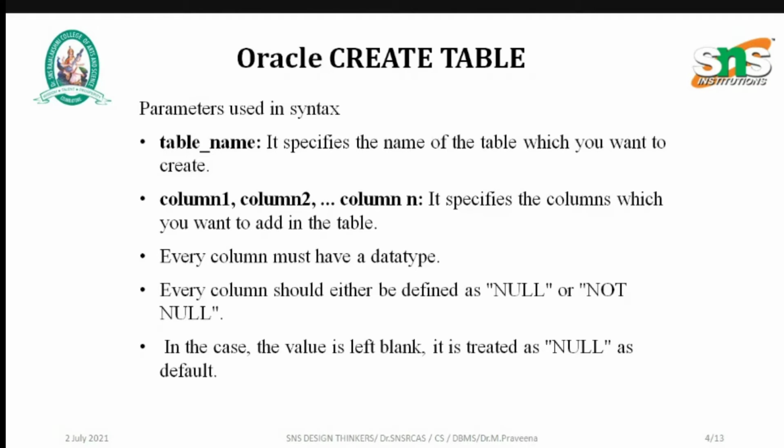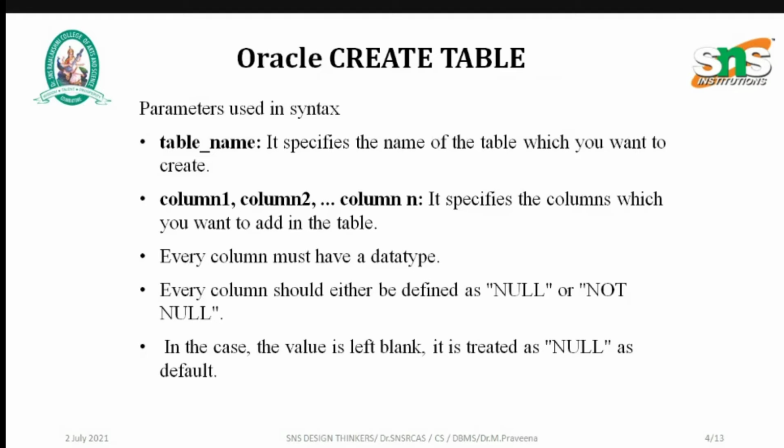Next, let us see the parameters used in the syntax. As I told you already, table name specifies the name of the table. We have to give a name for a new table. Next one is column 1, column 2 up to column n, which specify the columns we want to add in the table. It can be 2, 3, 4, likewise. Every column must have a data type because we have to specify what type of data.